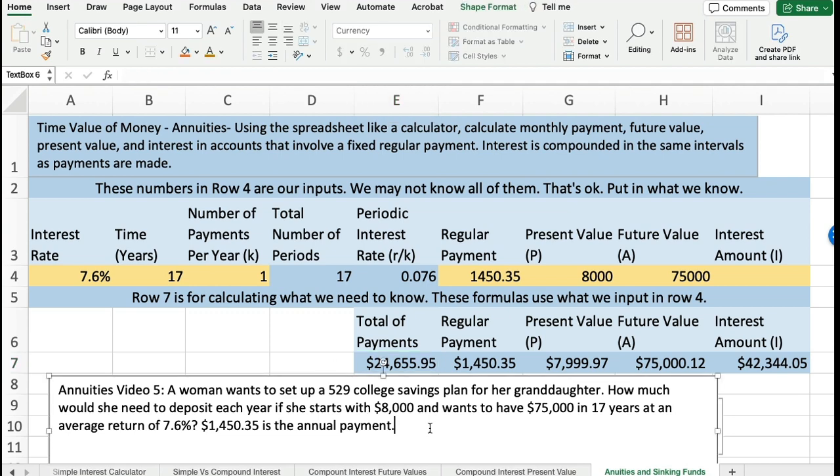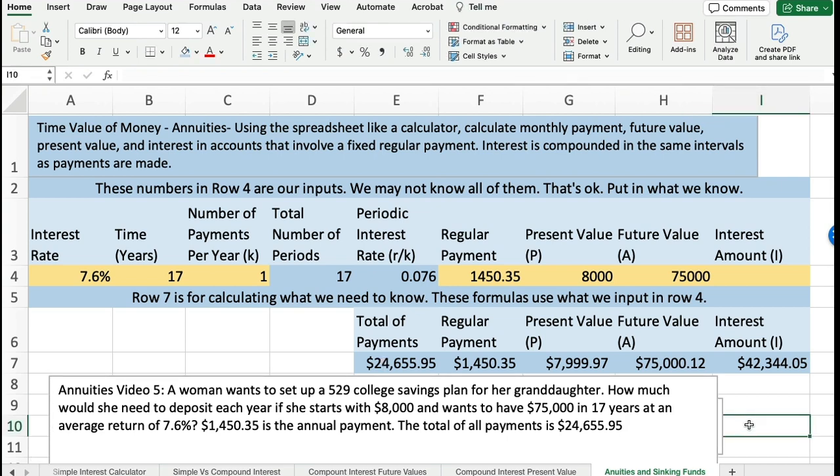So in addition to knowing that our annual payment is $1,450.35, we can say the total of all payments is $24,655.95. So this person is going to get a pretty good bang for their buck.